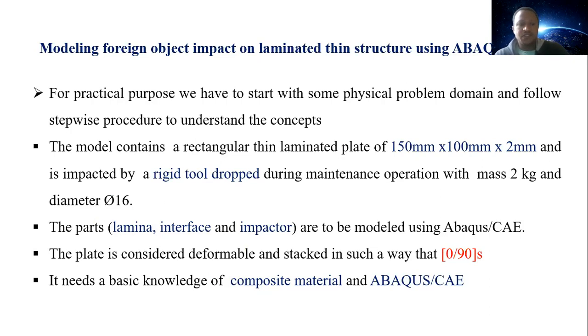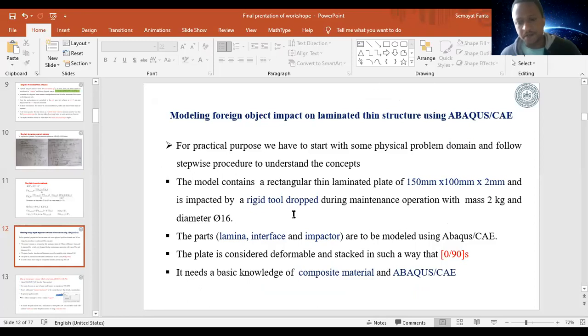The part contains laminae of 0 and 90 and the interface, and the impactor is also to be modeled using Abaqus CAE. The plate is considered deformable and stacked in such a way that 0 and 90 layers alternate, and this needs some knowledge of Abaqus, and composite material knowledge is also mandatory.